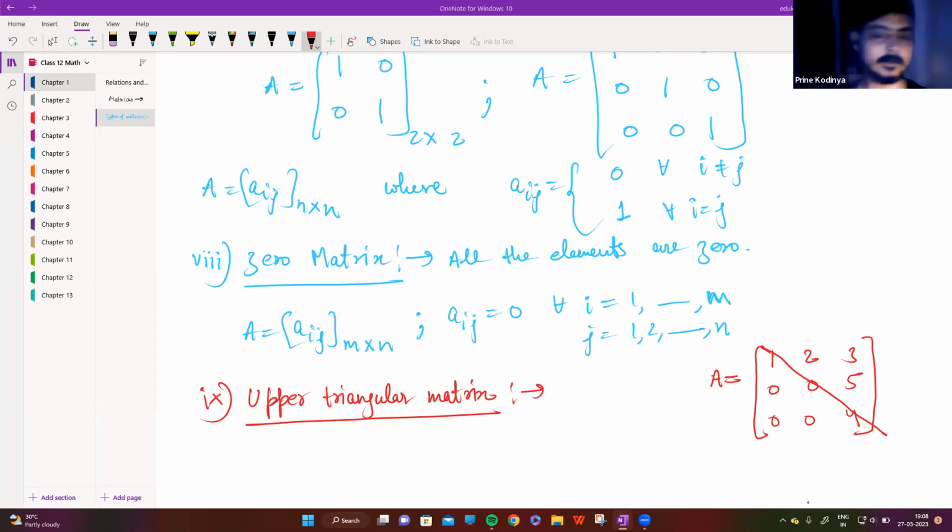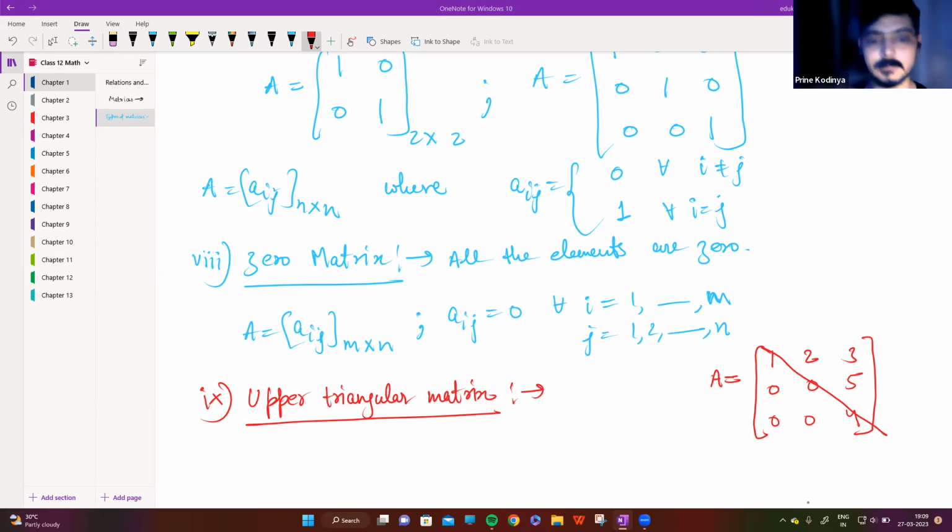Whenever the lower triangle has all the elements 0, forget about the diagonal right now. Only focus on the upper 3 elements and the lower 3 elements. These 3 and 3 elements constitute your lower triangle and upper triangle. So whenever this lower triangle is 0, all these 3 elements are 0, in this 3 cross 3 matrix, and the remaining elements have at least one non-zero value.